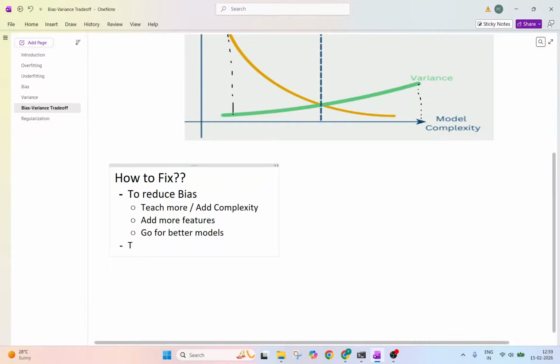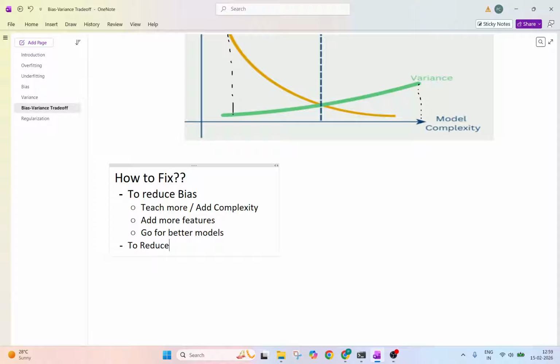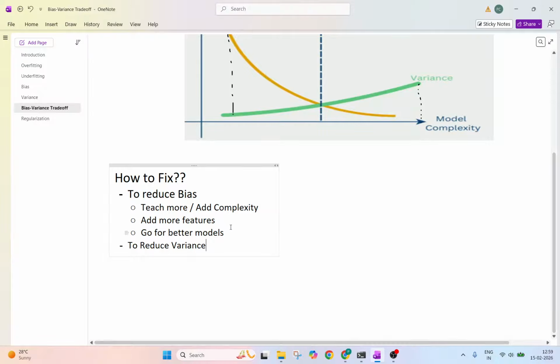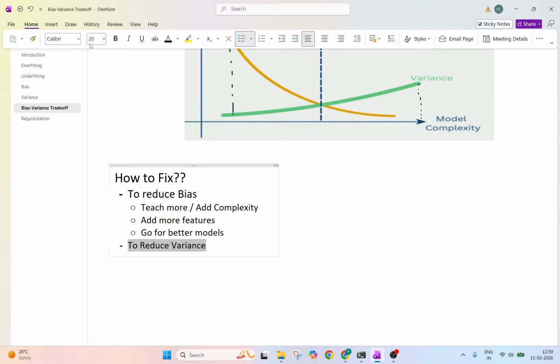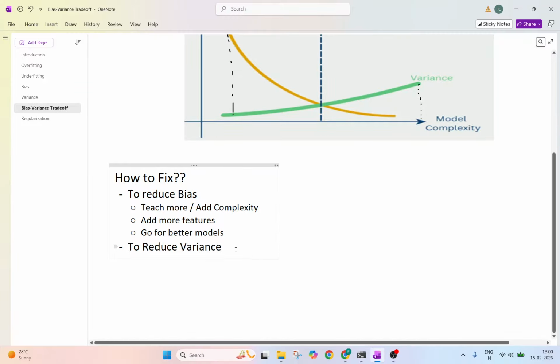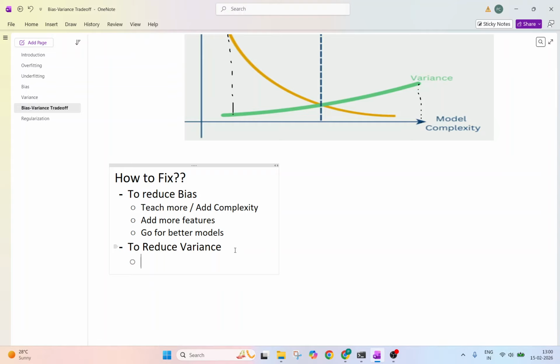And how to reduce variance? Control and generalize.